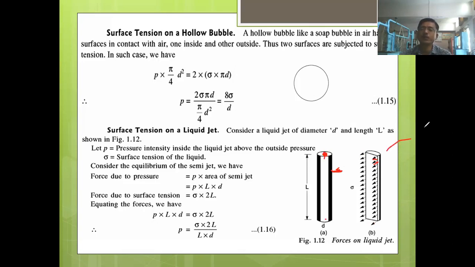Now the tensile force, as we know, sigma is equal to tensile force per unit length. So the tensile force, this Ft you can say, will be equal to sigma into length. ज्या लेंथ वरती तो ऍक्ट करतोय ती लेंथ.